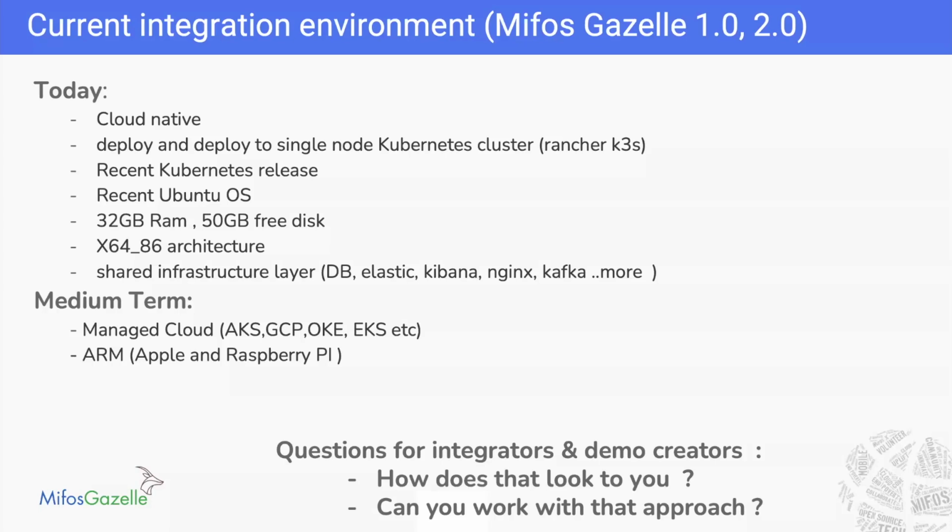Deploy a single Kubernetes cluster and deploy the DPGs to that single Kubernetes cluster. In our case, right at the moment, it's Rancher K3s. It'll be recent Kubernetes releases on a recent Ubuntu OS. Doesn't matter where that Ubuntu OS is running, by the way.